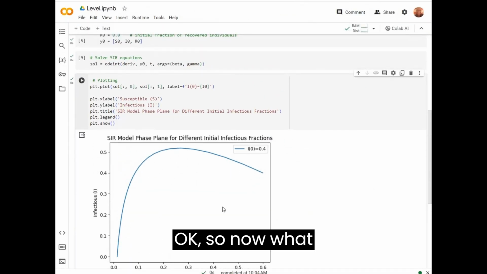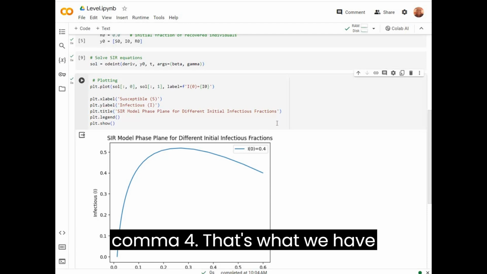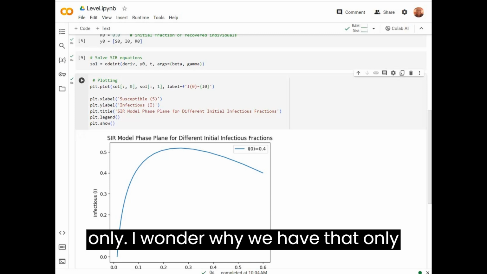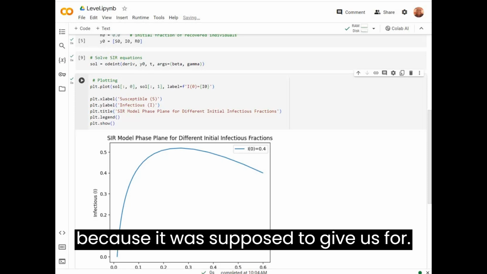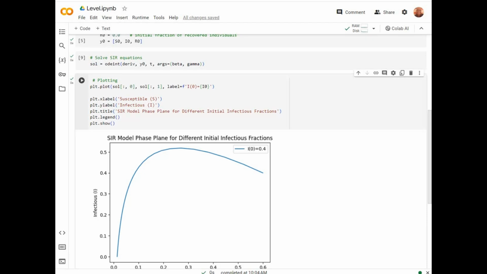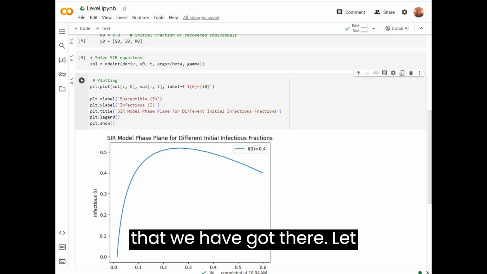Okay. So now what we have here is our curve for I equals 0.4. That's what we have, and I wonder why we have only that, because it was supposed to give us curves for the various values of I that we have there.